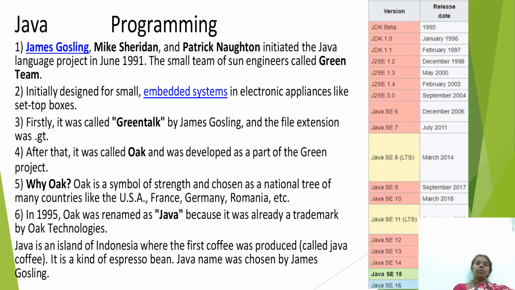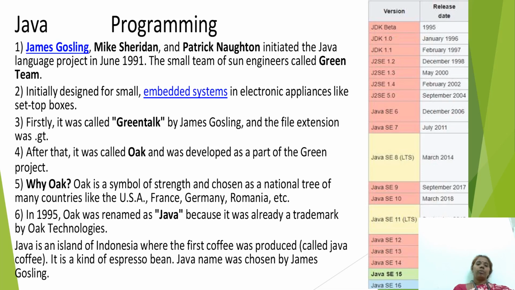The small team of Sun engineers, called the Green Team, initially designed it for small embedded systems in electronic appliances like set-top boxes. Firstly, it was called Greentalk by James Gosling, and the file extension was .gt. After that, it was called Oak and was developed as a part of the Green project.